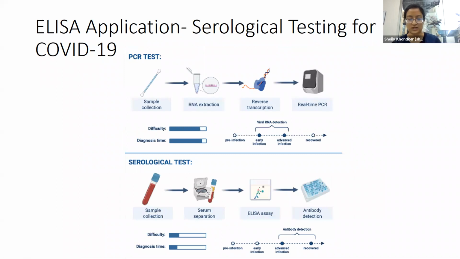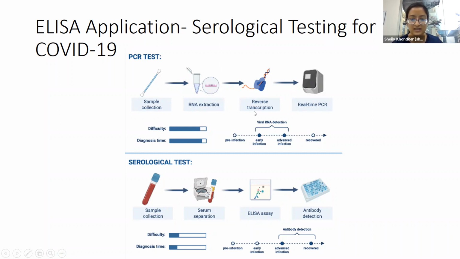Okay, and I just wanted to talk about one particular application of ELISA. So this is actually the technique that's used for serological testing for COVID-19. So we talked a little bit before about the PCR test, where RNA is extracted from a sample and then it undergoes reverse transcription and real-time PCR to determine if someone has viral RNA present in the sample or not.